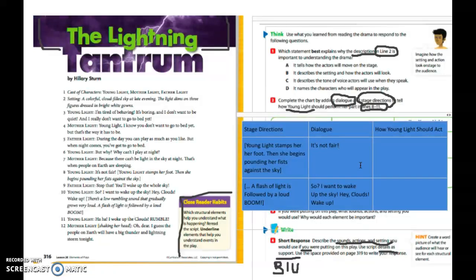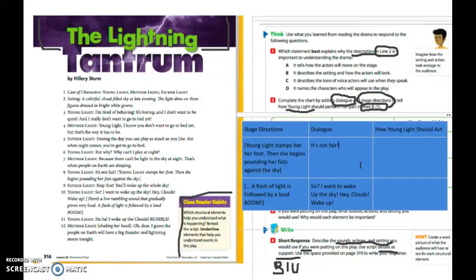The light dims on 3 figures dressed in bright white gowns. Does it A, tell how the actors will move on stage? B, describe the setting and how the actors will look? C, describe the tone of voice the actors will use when they speak? Or D, name the characters who will appear?